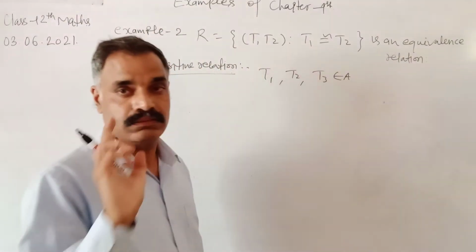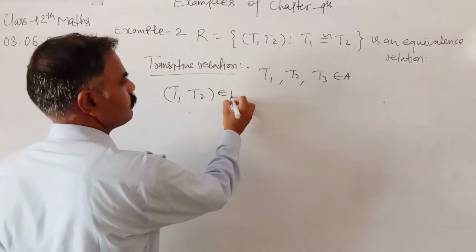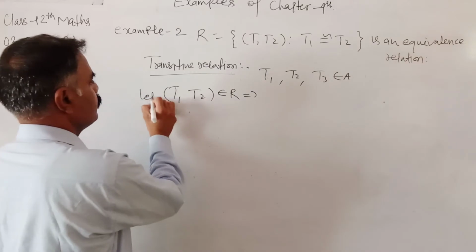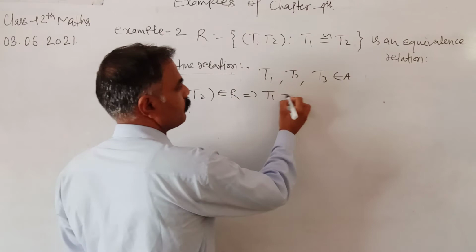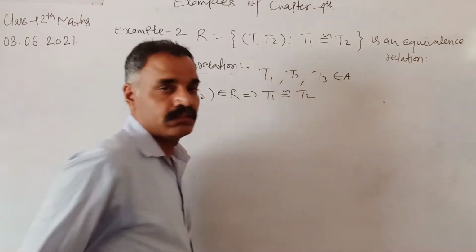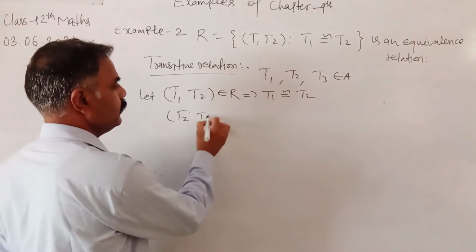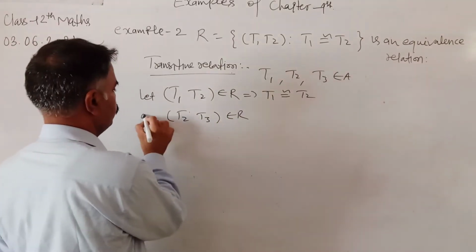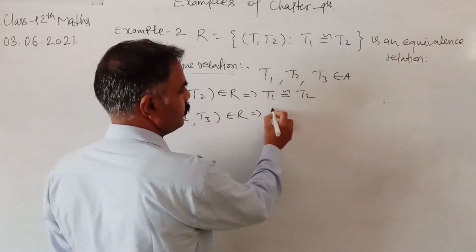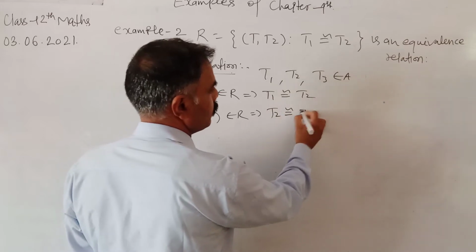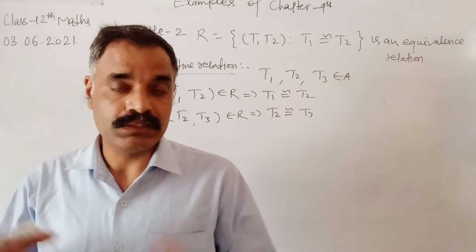Now let (T1, T2) belong to R. It means T1 is congruent to T2. And (T2, T3) also belongs to R. It means T2 is congruent to T3. This is given, or we will assume this.